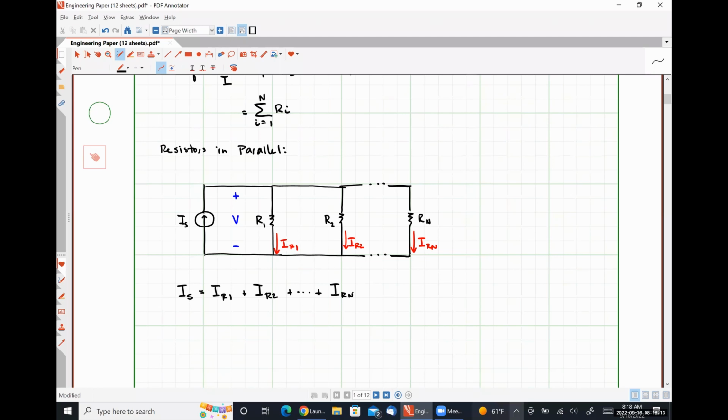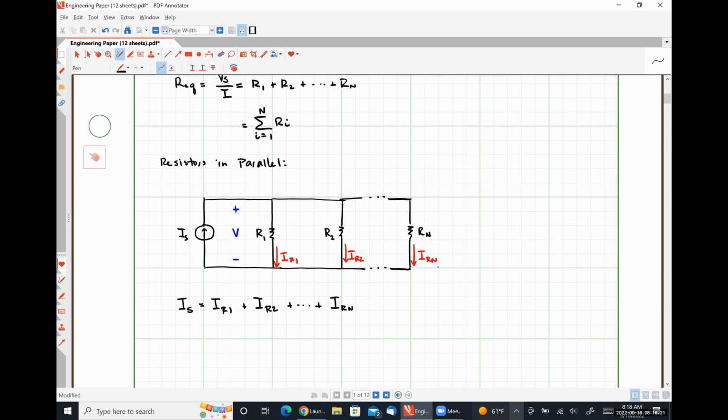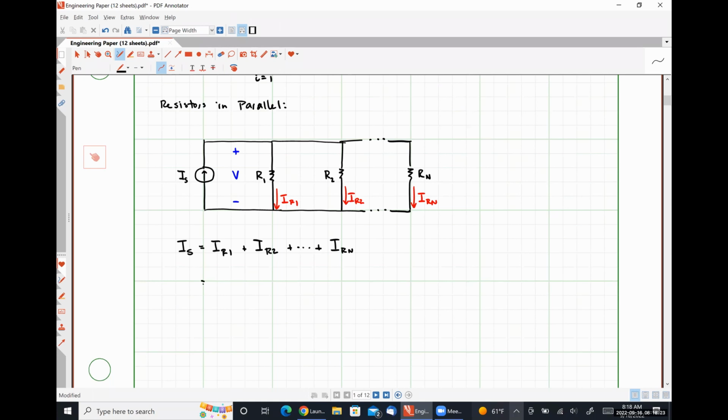Using Ohm's law, we can express all of those resistor currents in terms of that common voltage V, exactly like we did on Wednesday. And so this becomes V over R1 plus V over R2 plus V over Rn.